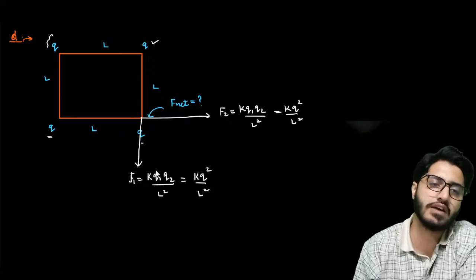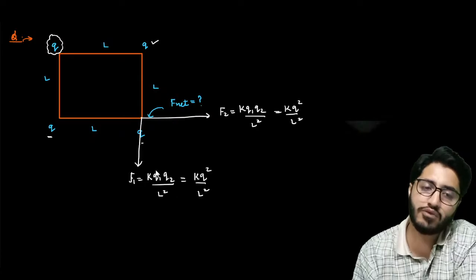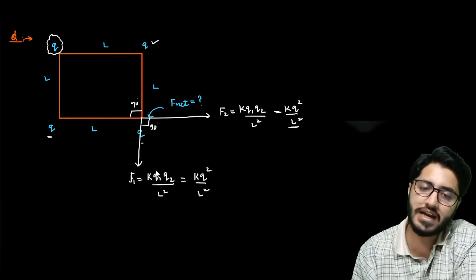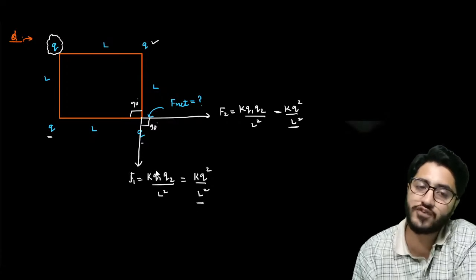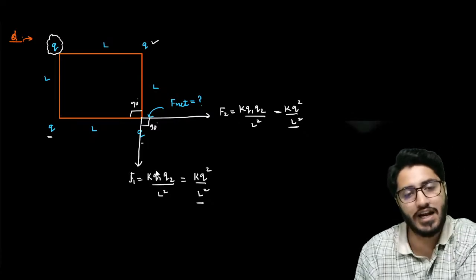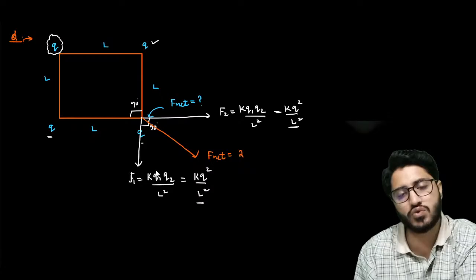Forget about this one for the time being. So we have two forces, and this is a square with a 90 degree angle. If two forces of the same magnitude are acting on a particle, we will get the net force like this, F net, equal to 2F cos theta by 2.